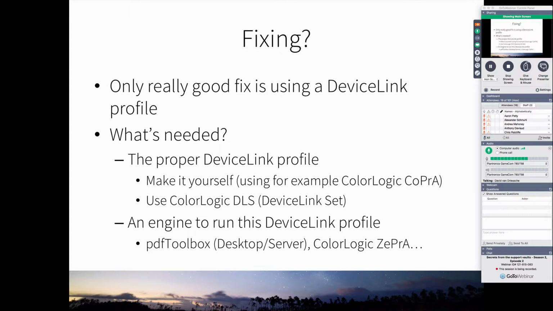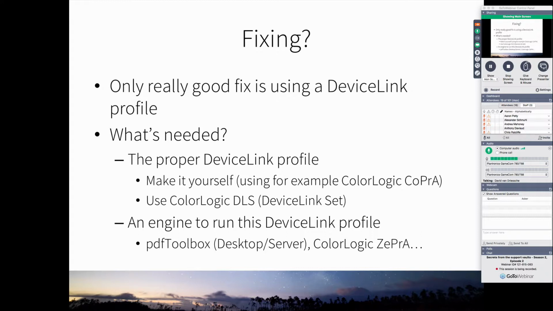So a DeviceLink set allows you to say, well, I'm working in commercial print sheet fat, for example. I'm going to look at the DeviceLink set for that particular printing system, and in that DeviceLink set from ColorLogic for sheet fat offset, you will find standard conversion DeviceLink profiles.